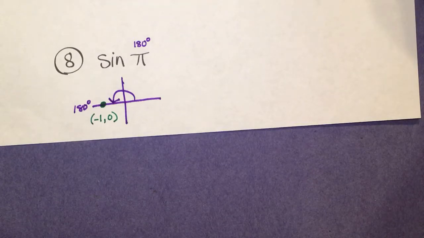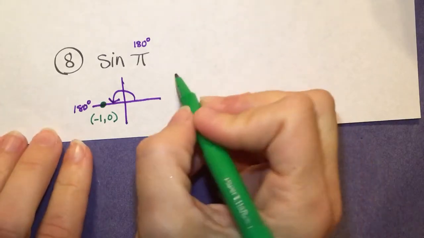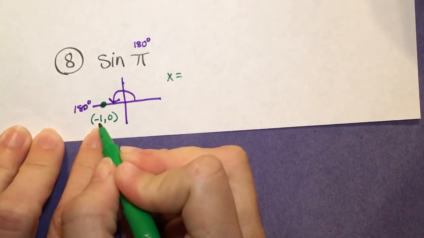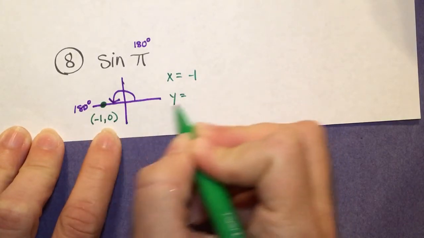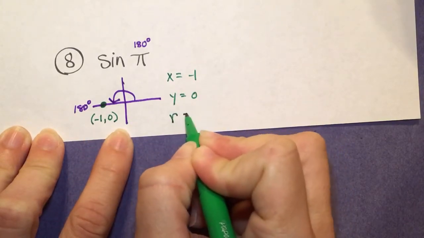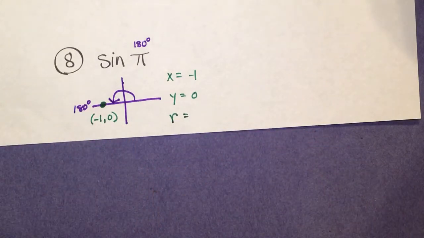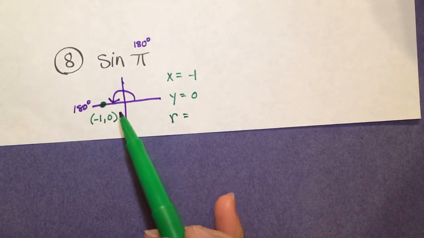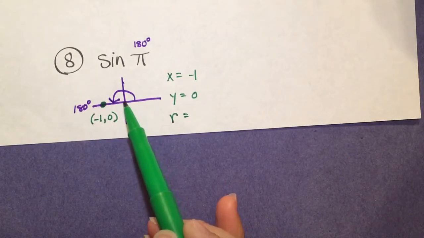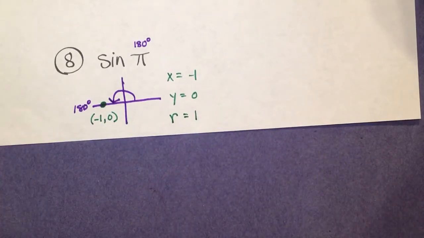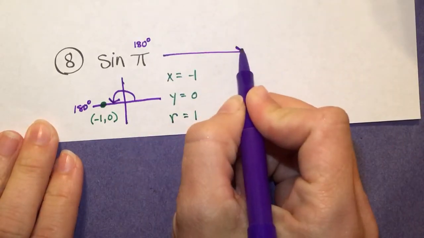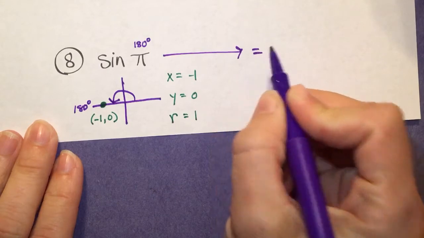So if we're talking about X, Y, and R, I know that my X value from my point is -1, my Y value is 0, and now you've got to come up with R. You can do the Pythagorean theorem, but if you remember the definition, it's really quick and easy. It's the distance from the origin to the point. That distance would just have to be 1. So now, let me finish this over here where I've got a little bit more room.